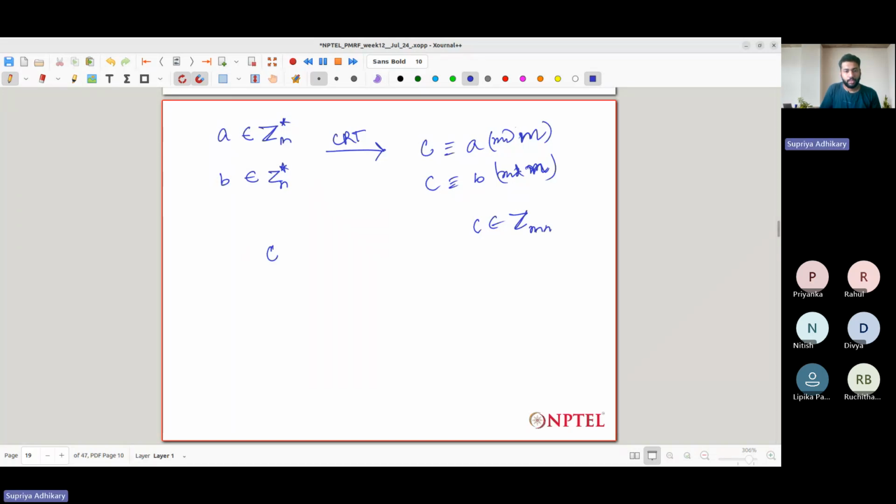Our claim is that this GCD of C and Mn must also be 1. So if not, let us consider that the GCD of C and Mn is D. So that means that D divides C and D divides Mn.